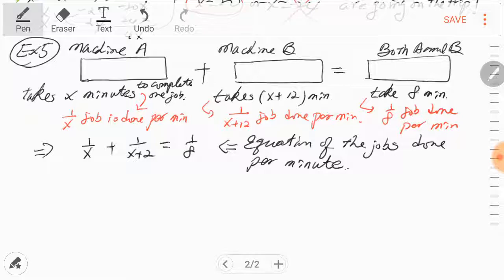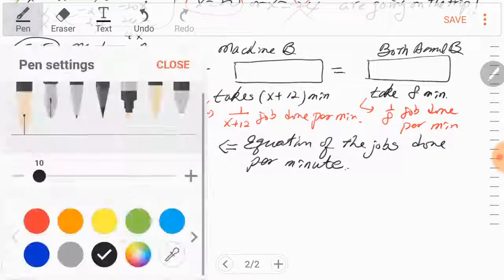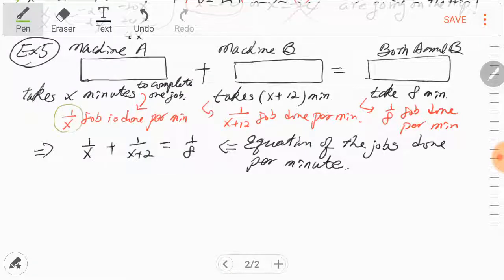Okay, and then if both machines work together, then they take 8 minutes to complete one job. So every minute, you can complete 1/8 of the job. So 1/8 of the job will be done per minute. So these numbers are work rate per minute, the number of jobs done per minute. So we can write an equation. This equation represents the number of jobs done per minute.